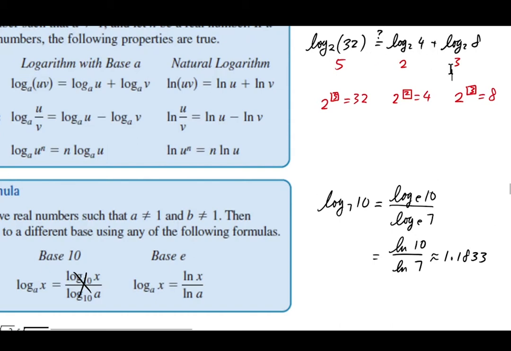What's going on is very similar to this phenomenon. Remember, this value here happens to be the exponent. Let me write this again. 2 to the something, and that something, this 5, which is the value of the log, is the exponent, equal to 32. So an equivalent way of saying that is, this is 2 to the 5th power. Now here is 2 squared, and here is 2 to the 3rd power.